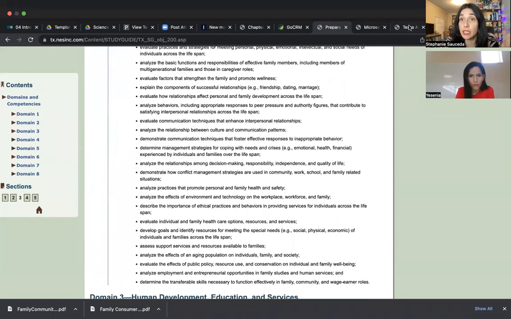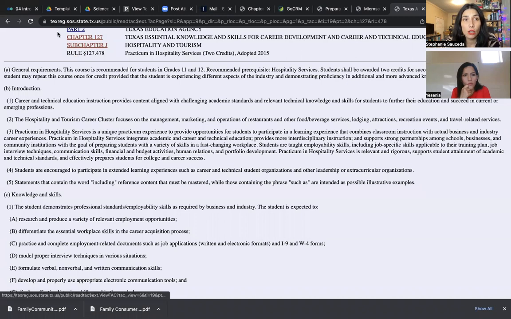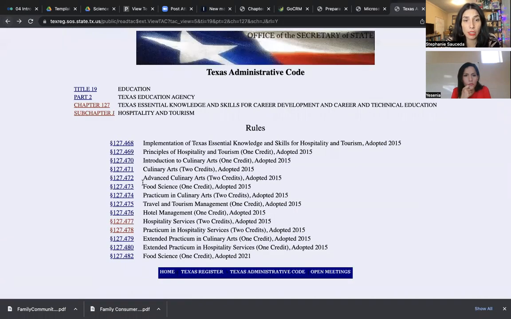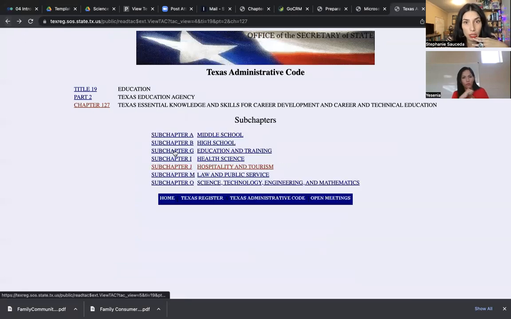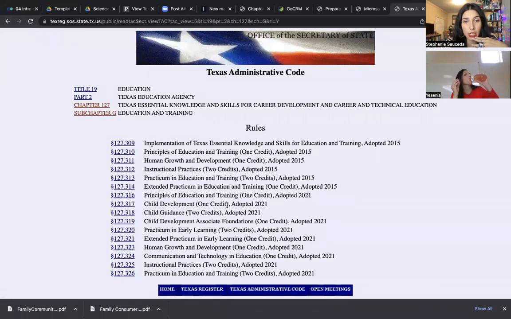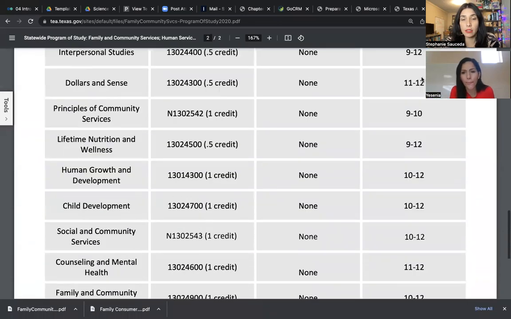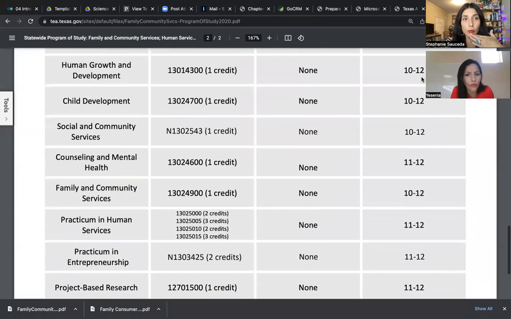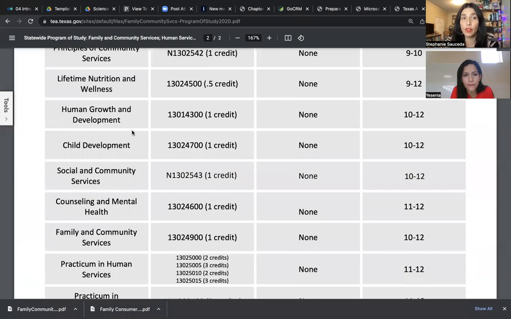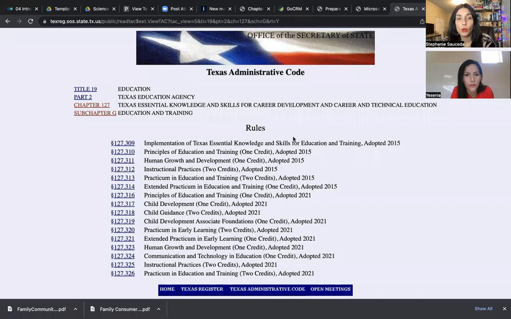That means the other TEKS, this is the hospitality and tourism. The other TEKS for education, I think I saw them on here somewhere. Education and training, you might have to do these. You are in charge of child development. If we look at the document that has the different things you're responsible for, human growth and development and child development, those are your courses in your content area that you need to be familiar with.